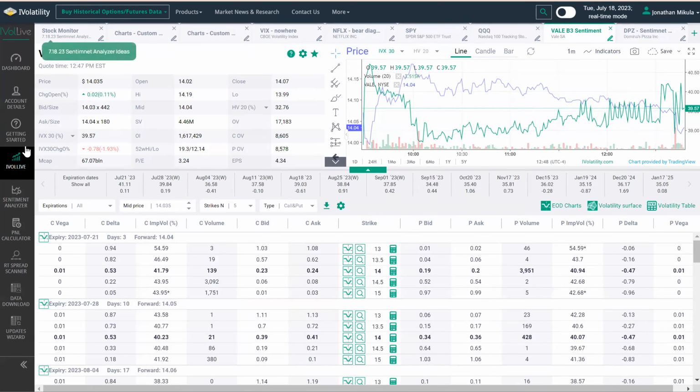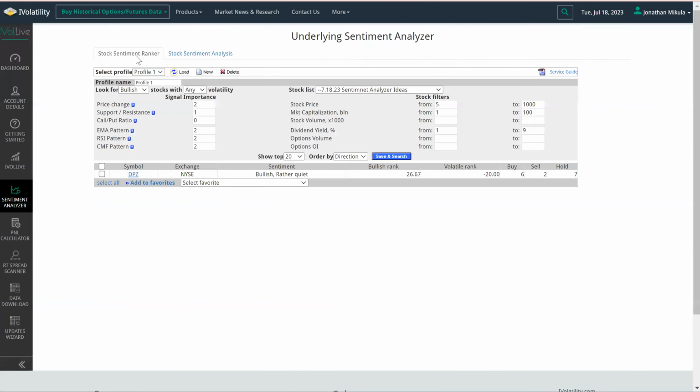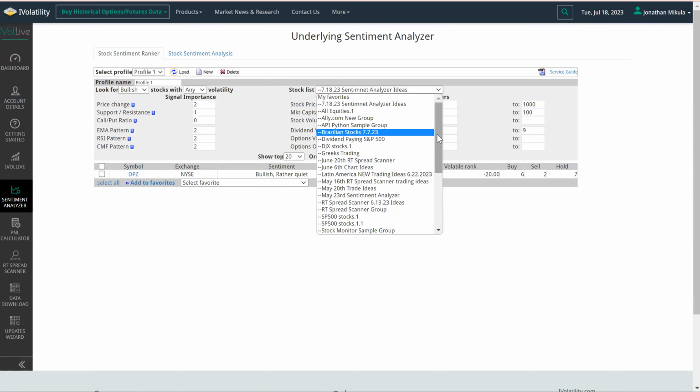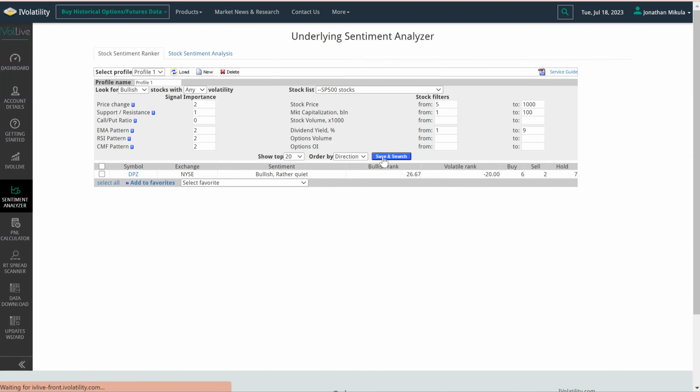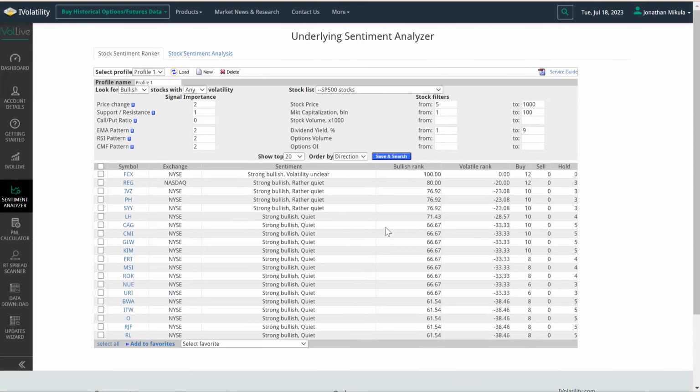So that's how we could run a scan. And if we come back here, that was a scan against our custom group. But of course, if we wanted to get a lot more results, we could run this against any of our presets. So if we ran this against the S&P, for an example, you're going to get typically a lot more results because you're running against 500 names instead of 5 names.